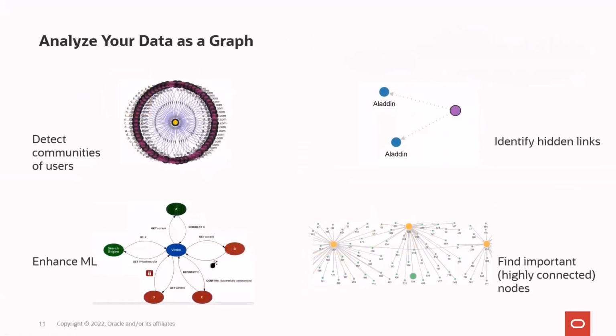So when you analyze your data as a graph, you can do things like detect communities of users, enhance machine learning algorithms, and find important and highly connected nodes. There are graph theories that have many rich algorithms, and you can apply those to your graph data model. You can also query a graph by using the property graph query language.